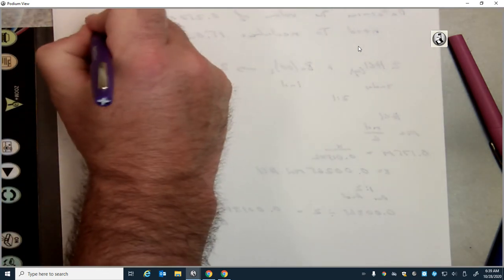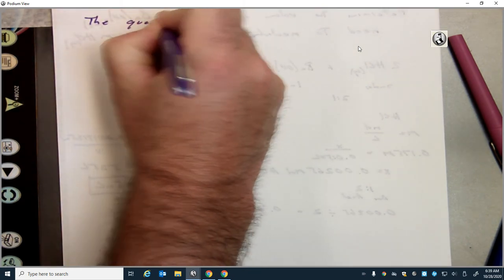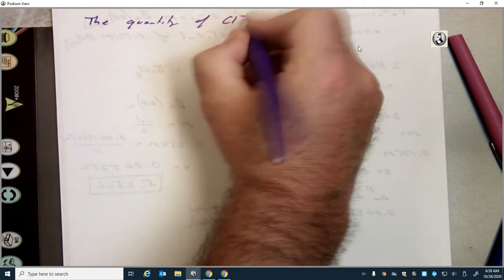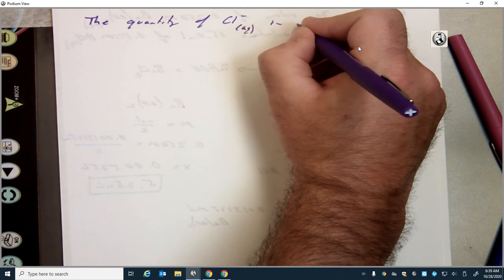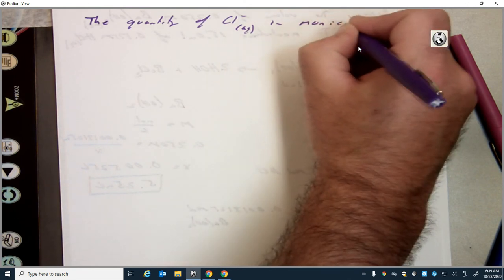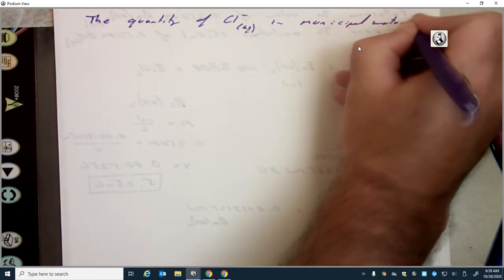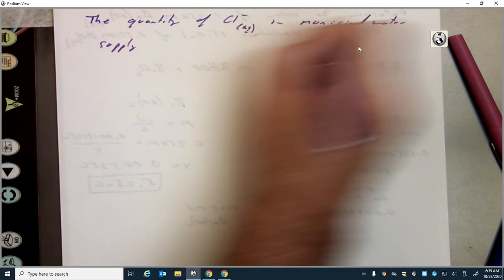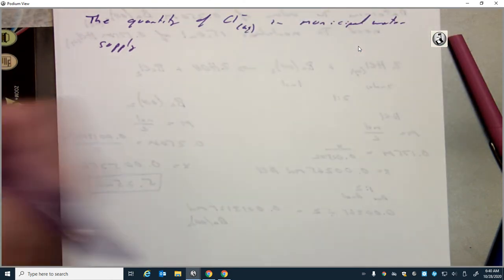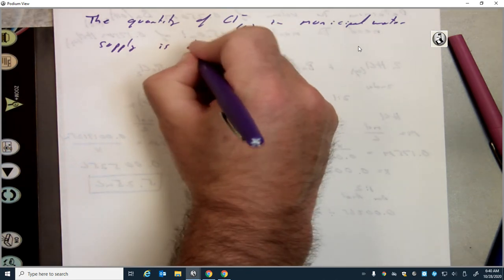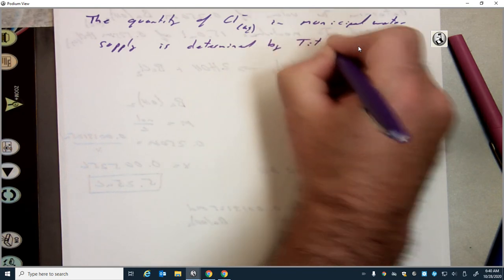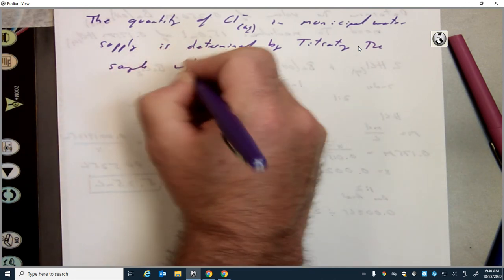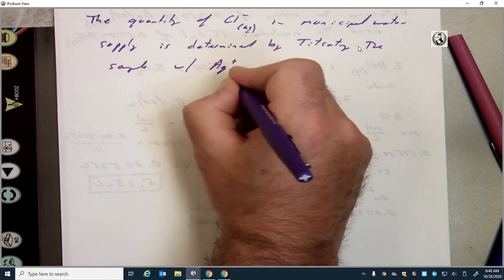The quantity of the chlorine anion, aqueous, in municipal water supply, okay, so when I say municipal water supply, we're really talking about tap water, is determined by titrating the sample with silver ions.